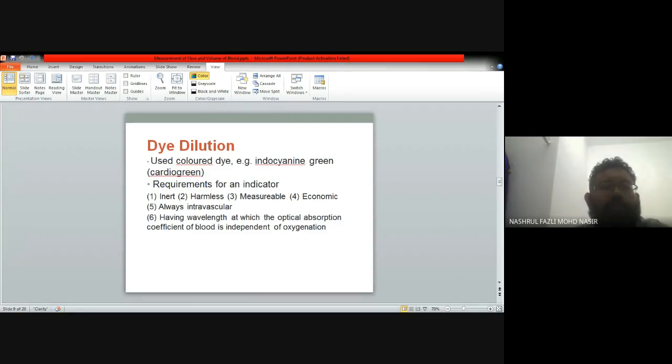Having a wavelength at which the optical absorption of blood is independent of oxygenation, so it is not going to be affected by oxygenation. So it is stable. This is the assumption that the researchers, the physicists, the engineers have to make.